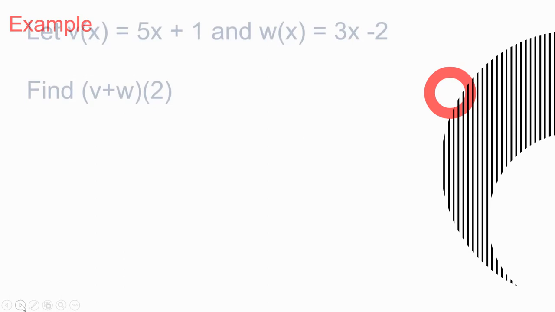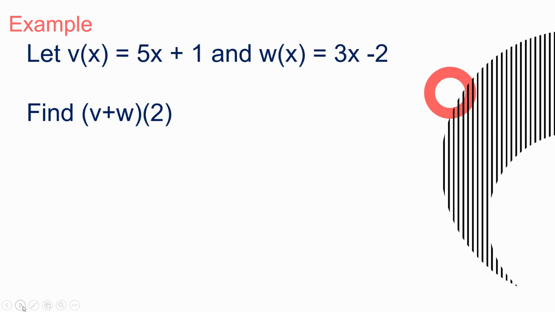Another example, let v of x equal 5x plus 1 and w of x equal 3x minus 2. Find v plus w of 2. So this is where we are going to actually evaluate once we add them. So again, parentheses to denote each equation, 5x plus 1 plus my 3x minus 2.